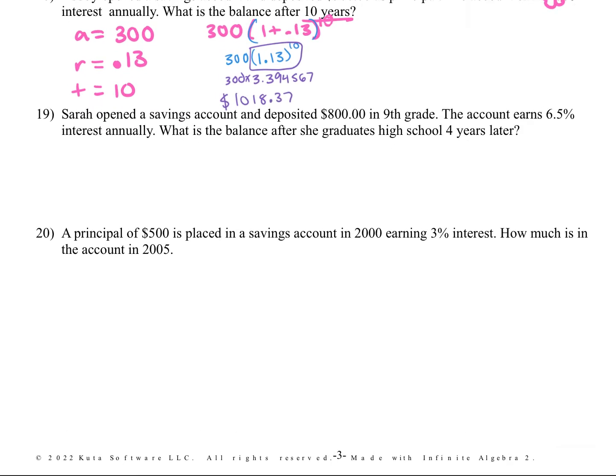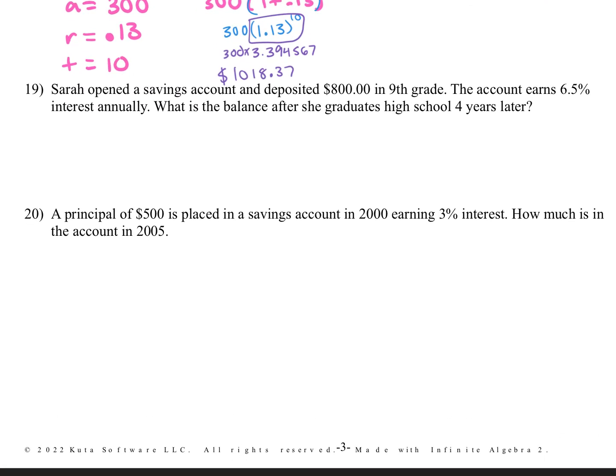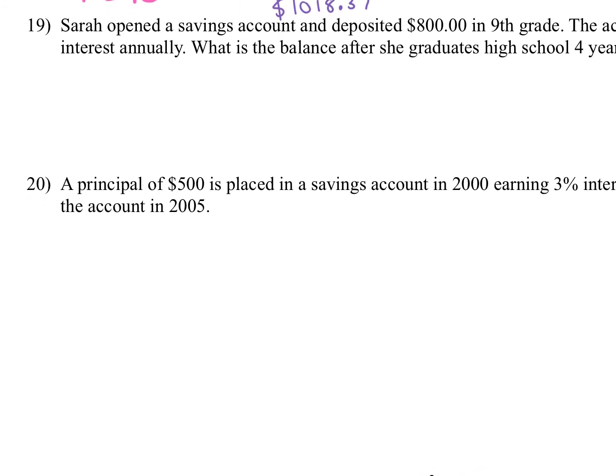So a principal of $500 is placed in a savings account in 2000, earning 3% interest. How much is in the account in 2005? So I'm using my A times 1 plus R to the power of T. I need A, R, and T. What's my starting amount? 500.